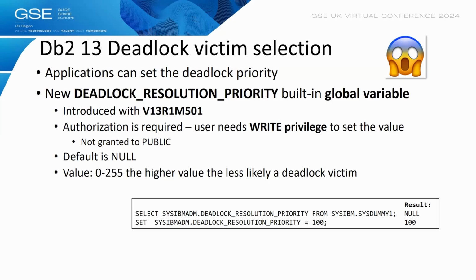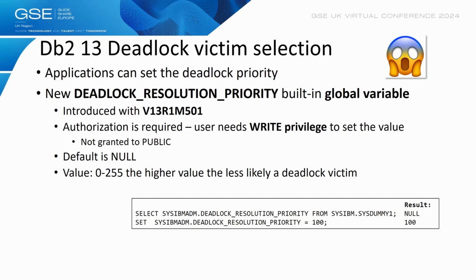So you cannot update it unless you have the right privileges to set the value, which means that your applications may need this privilege to use it. By default, it's not granted to public. I wouldn't do it. So now you have some control over which applications can use it.